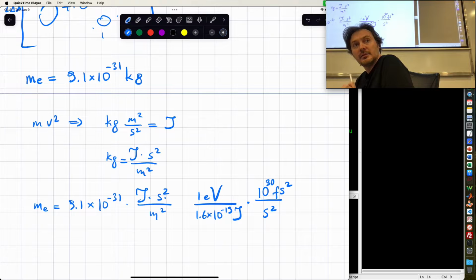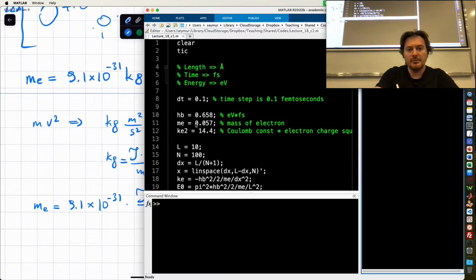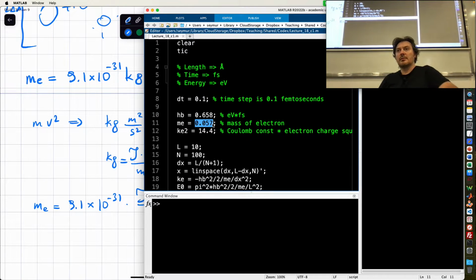They are equivalent. And meter squared should be at the top, so at the bottom should be 10 to the 20 angstrom squared. So far so good? If you do all this calculation, you get this number. Should we do it? No, right?